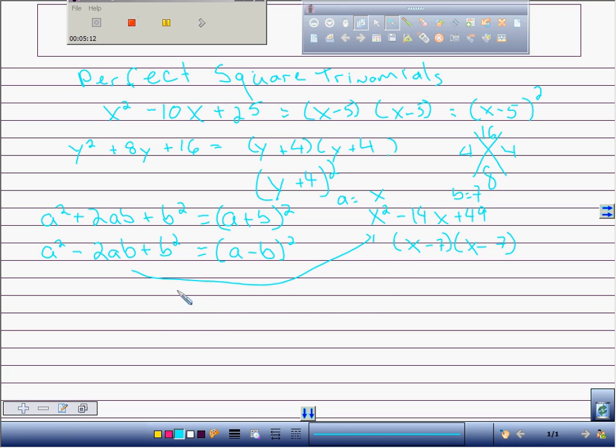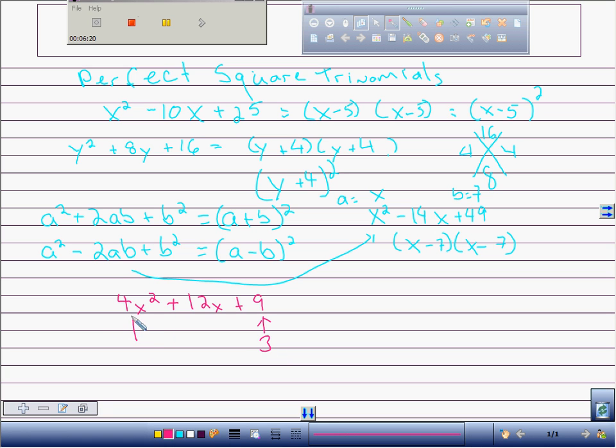So we're going to do one that can be a little bit harder. Say I did 4x squared plus 12x plus 9. What number do I square to get this? 3.